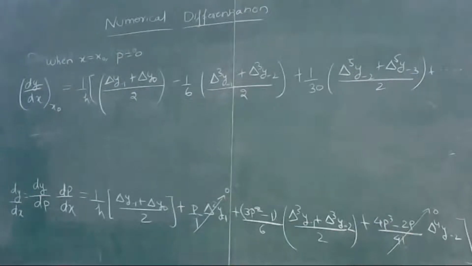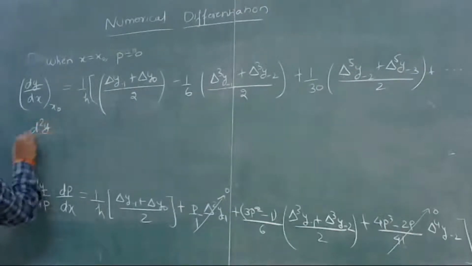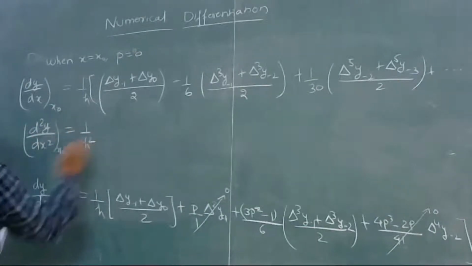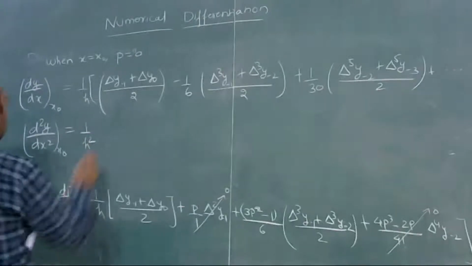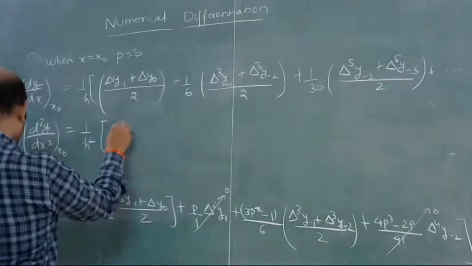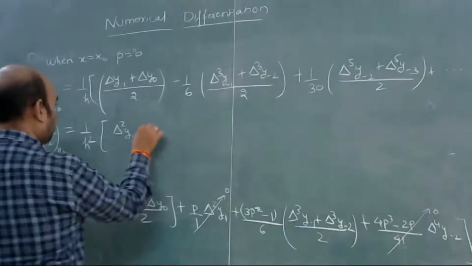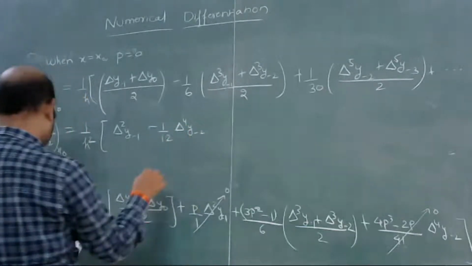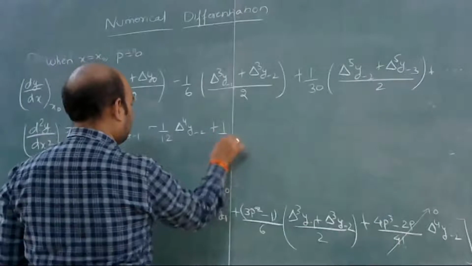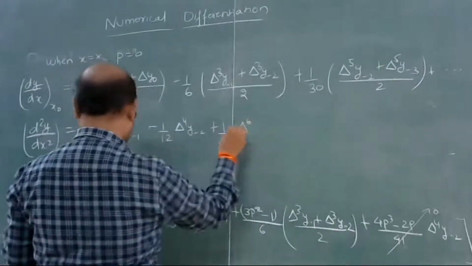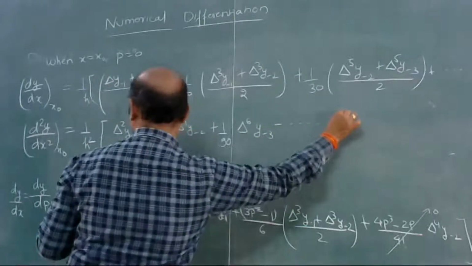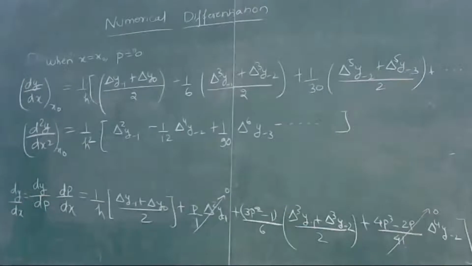So the second derivative d²y/dx² will be 1/h² [Δ²y₋₁ minus 1/12 Δ⁴y₋₂ plus 1/90 Δ⁶y₋₃]. This is the value of the second derivative using Stirling's formula.